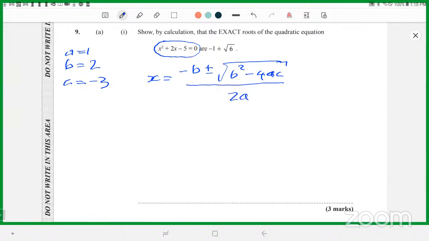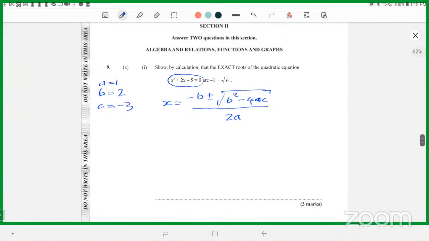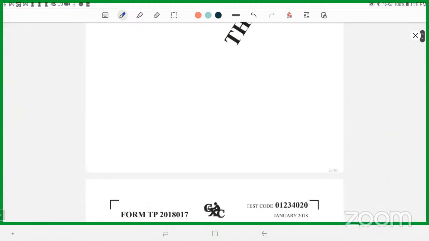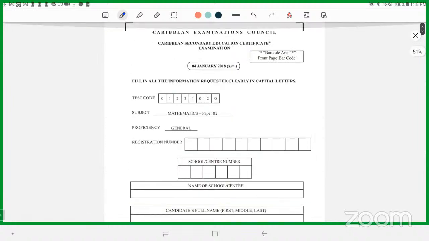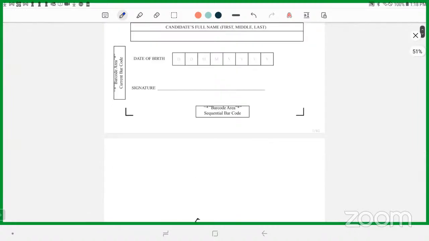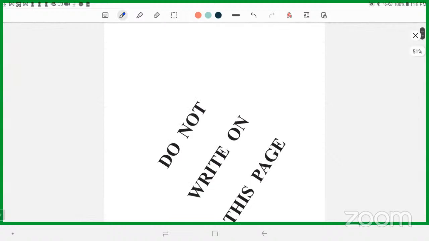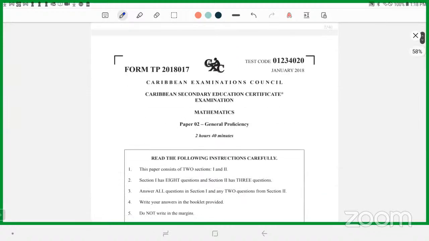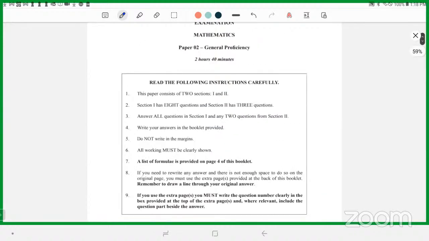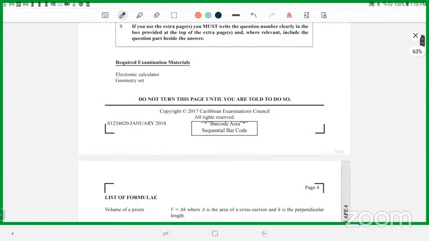I think the formula is on the sheet here. Let me bring it up and show you. Quadratic formula. It's on the formula sheet that comes with the exam paper, but we don't want to depend on that. We don't have time for looking for it. This becomes, these are the roots.